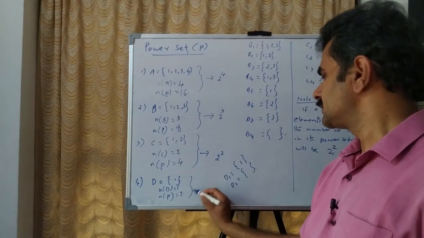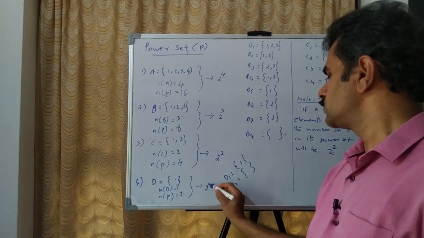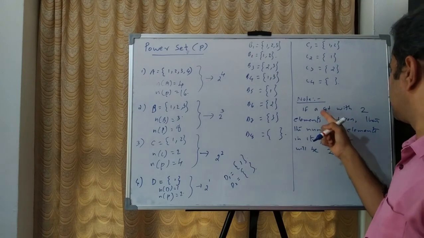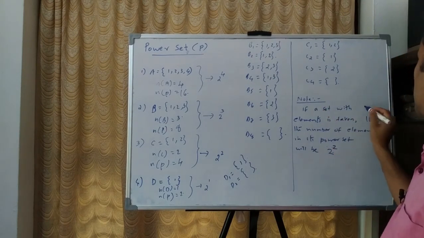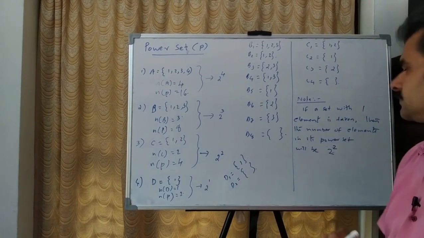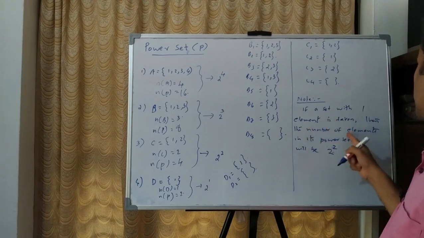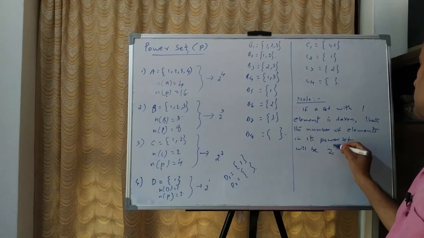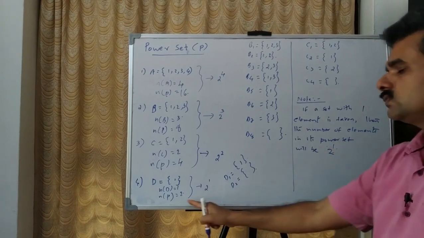So if a set has one element, the number of elements in its power set will be 2 raised to 1, which is 2 itself.